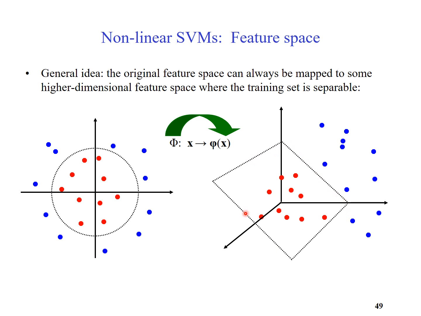This is not a line anymore, it's a hyperplane. So in higher dimension we are able to find a linear hyperplane. And then if we transform this linear hyperplane back to the original input space, it will look like this circle.